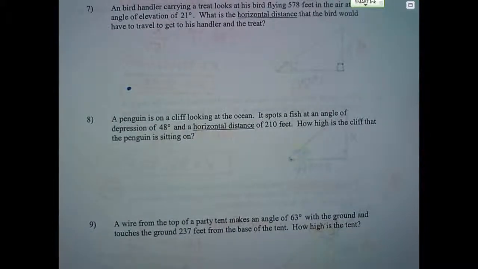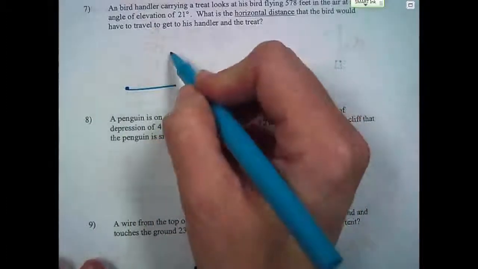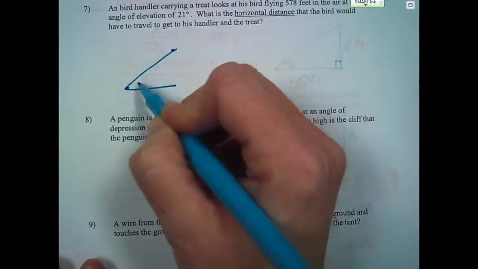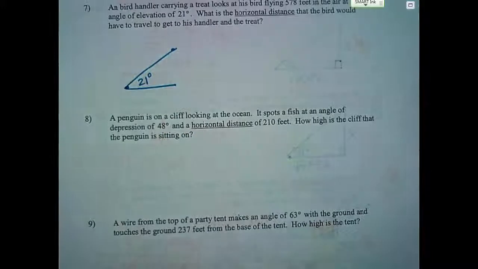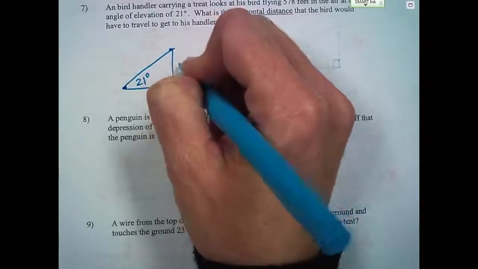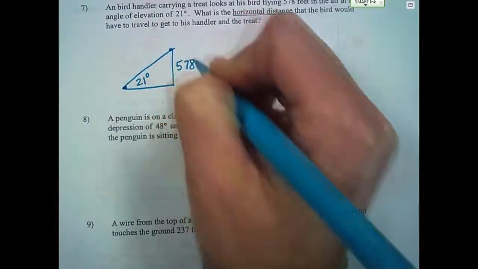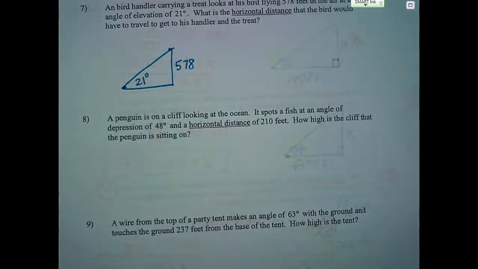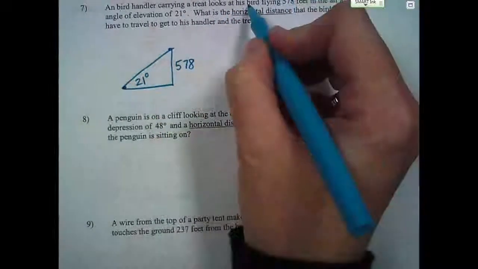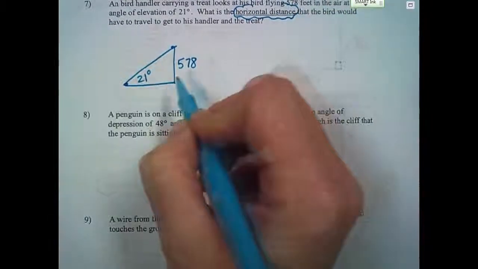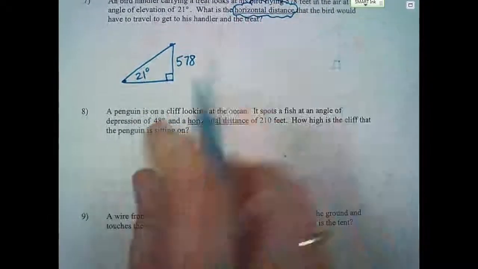And your bird is up here at an angle, 21 degrees. I drew this triangle maybe backwards than you, but it's up to you how you draw it. It tells us that the bird is 578 feet in the air, so here's the height of the bird. And it wants to know the horizontal distance. Am I asking for the hypotenuse? No, horizontal would be this distance.